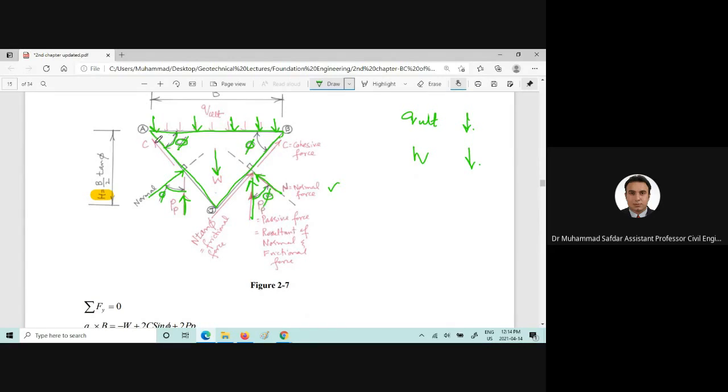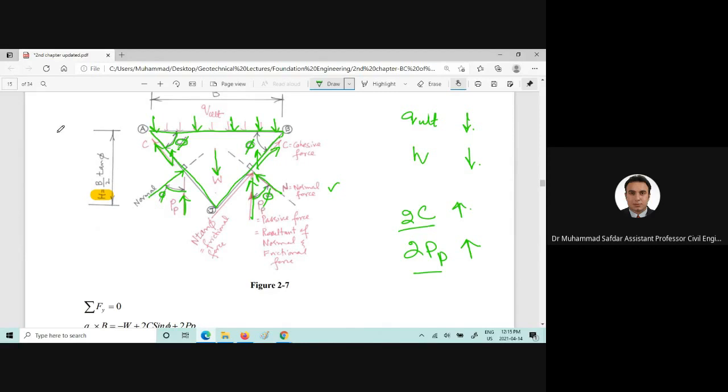Now cohesion of the soil would also be acting on both sides of the wedge, so there will be a vertical component for this cohesion as well, so one vertical component up, and I would say 2C, there is another component 2PP, there will be a component of cohesion and a component of passive pressure.